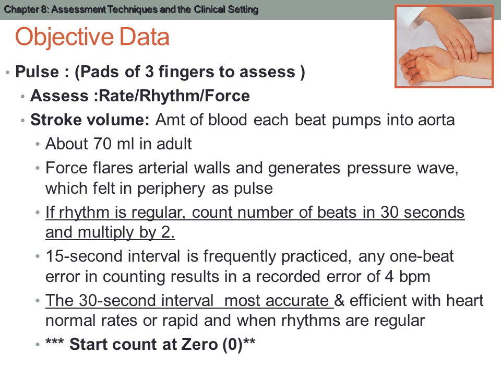And every time that heart pumps or contracts, that blood is pushed forward and we feel it in those specific pulse sites around the body. Okay, so again, start the count at 0. And if it's irregular, you're going to count for a full minute for the pulse.